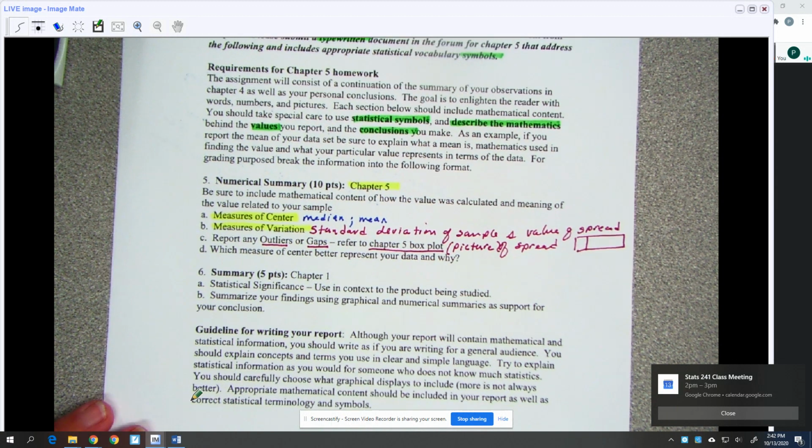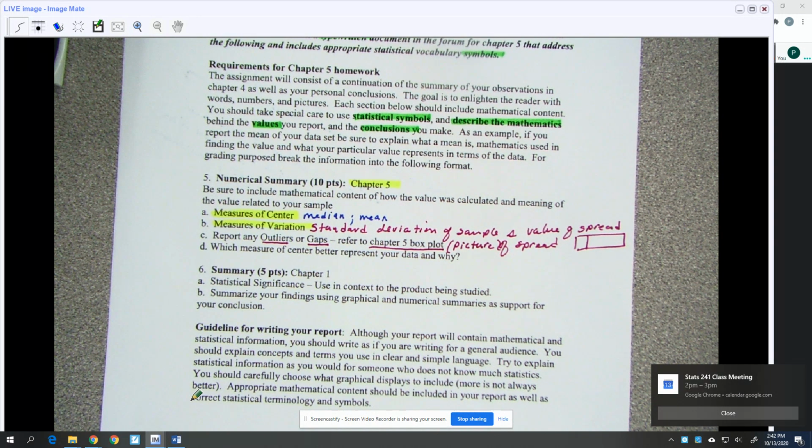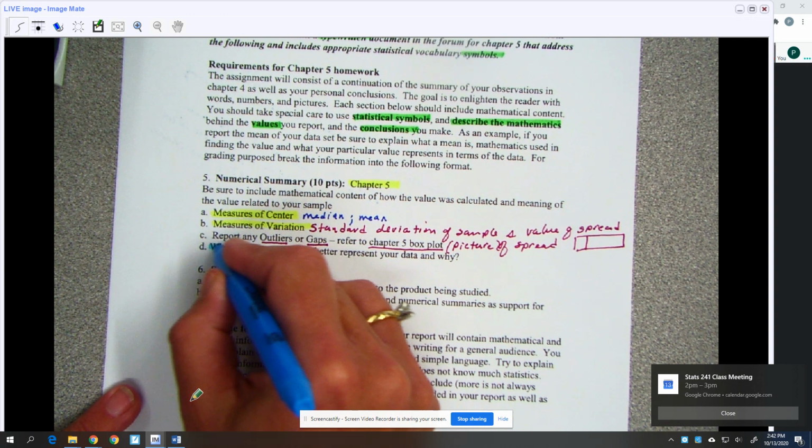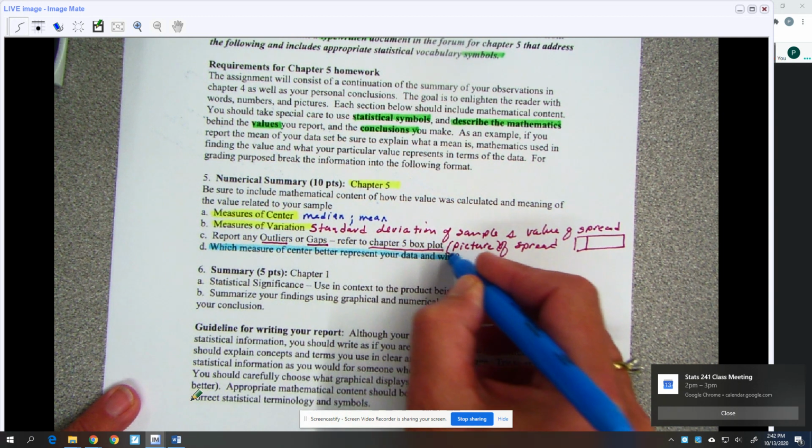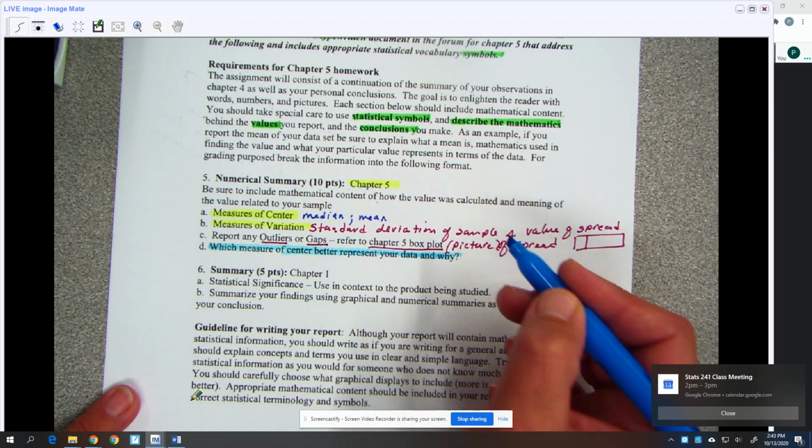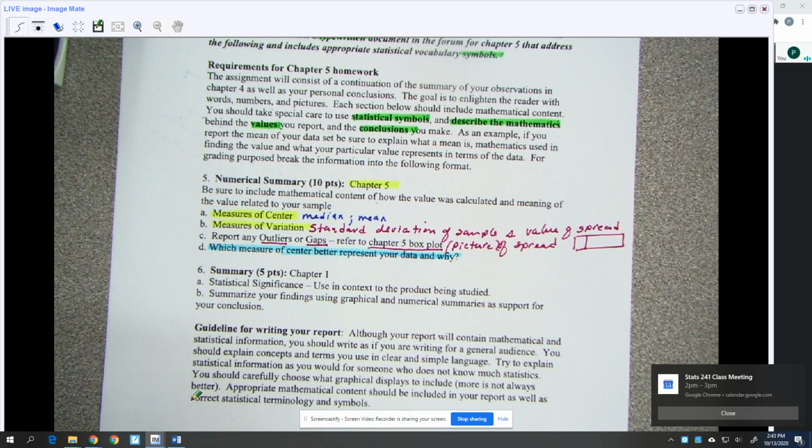Okay, and then we had this conversation last time about what measure of center specifically is the best. Can anybody answer that? Should all of us use the same measure or different? Do you remember what measure of center is the most appropriate?